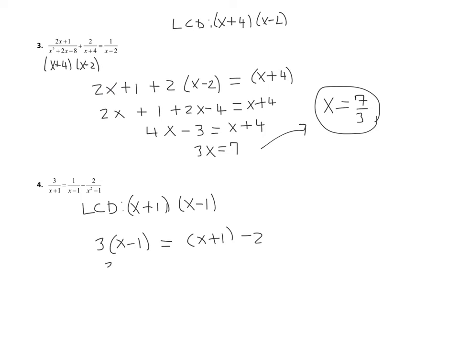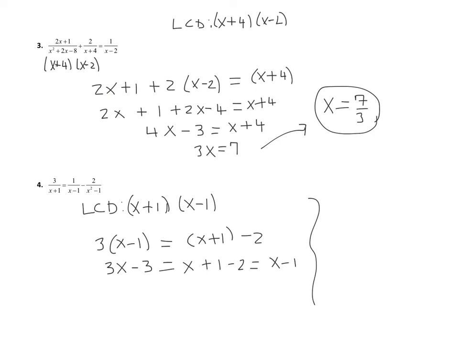So this is going to be 3x minus 3 is equal to x plus 1 minus 2, and this is equal to x minus 1.